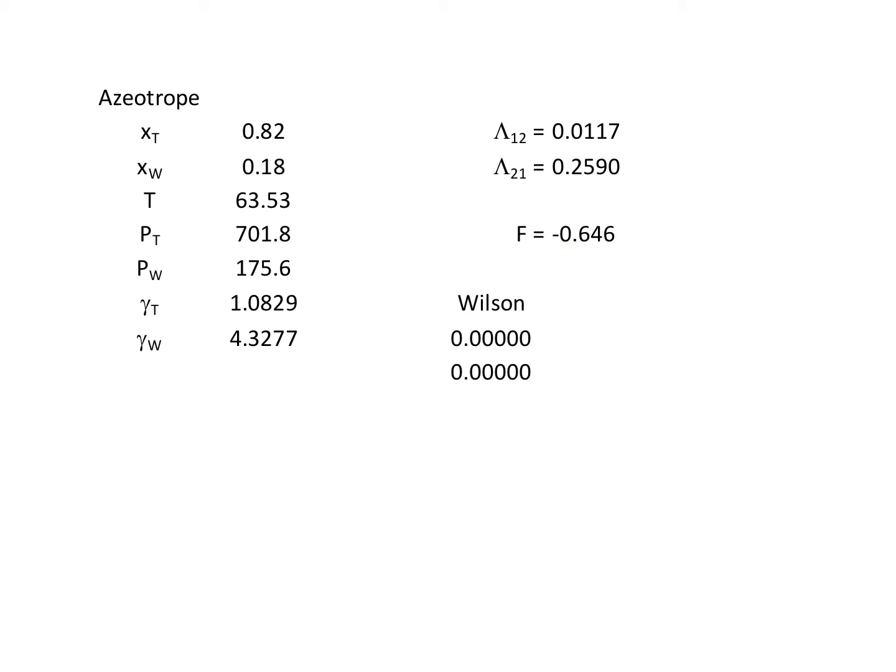So what I did is I put 0.5 in here originally, and then I asked Solver to change those until the Wilson equations both equaled 0. And these are the values it came up with. So these are my values for the Wilson coefficients. Now, of course, that will depend on how these were iterated, and it'll also depend on what exact values you used for the azeotrope.